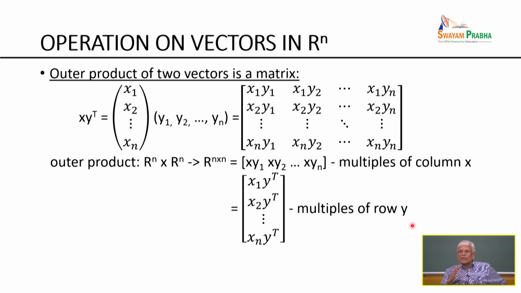All the columns are linearly dependent. All the rows are linearly dependent. There is only one column that is linearly independent. There is only one row that is linearly independent. You also know the notion of a rank: the number of linearly independent rows or columns. So you can really see outer product matrices, by definition, are rank 1 matrices.